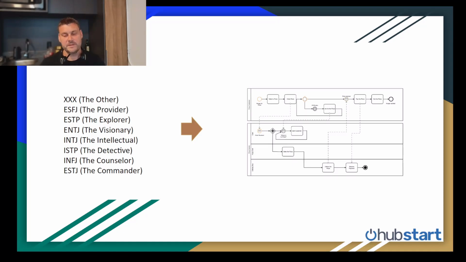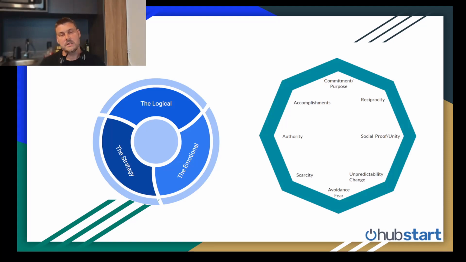So how are we optimizing and how are we processing? The first thing is we're trying to optimize based on different emotional states. So we're trying to use the sales strategy, explain the logic.